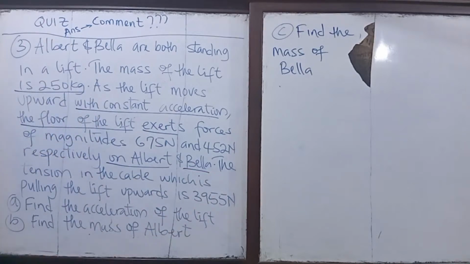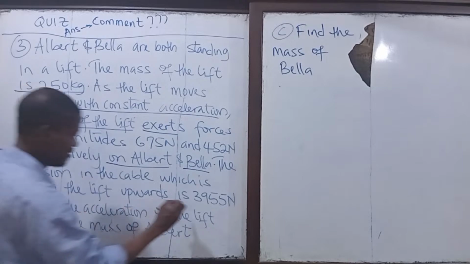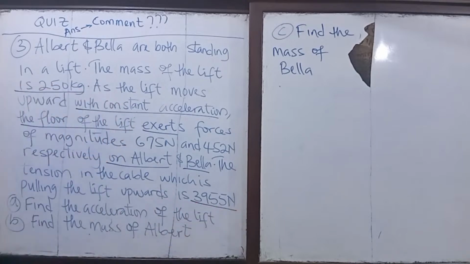The tension in the cable which is pulling the lift upward is 3,955 Newton. A, find the acceleration of the lift. B, find the mass of Albert. C, find the mass of Bella.